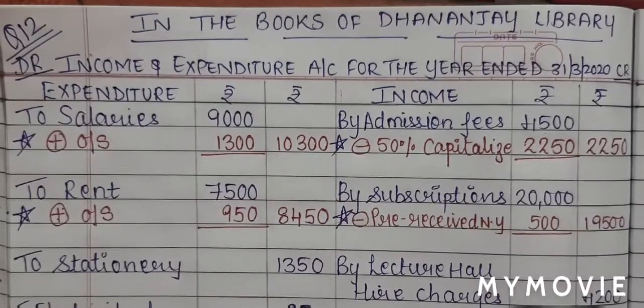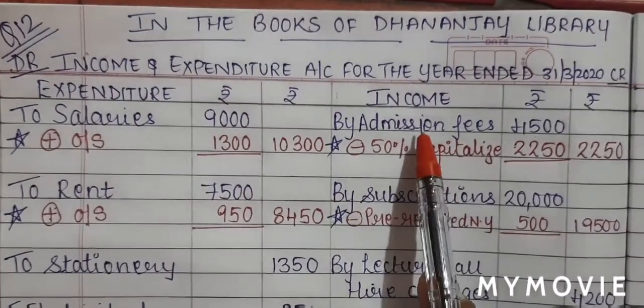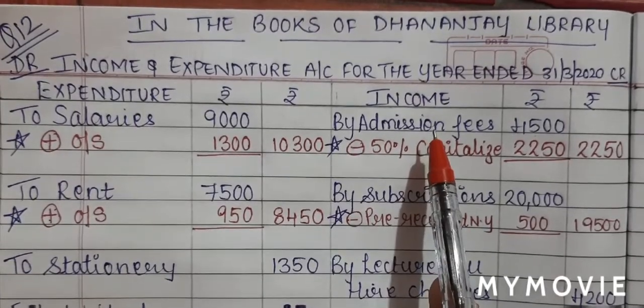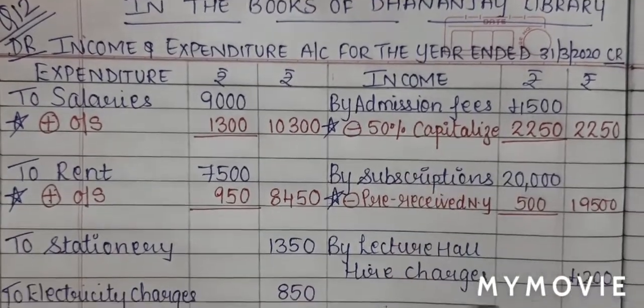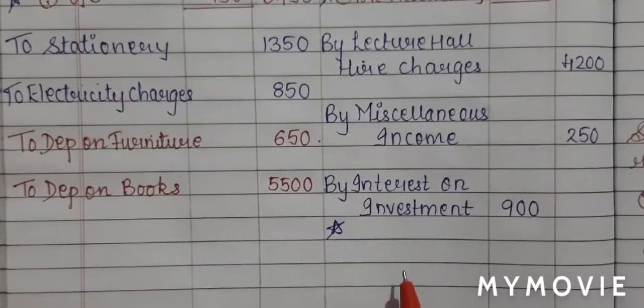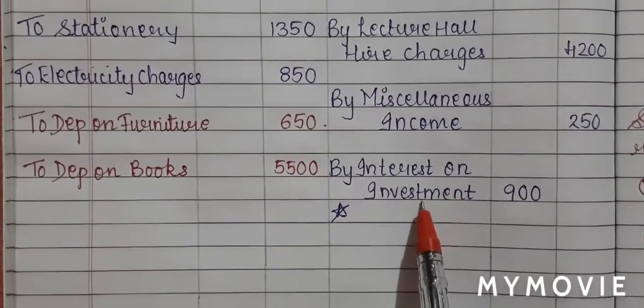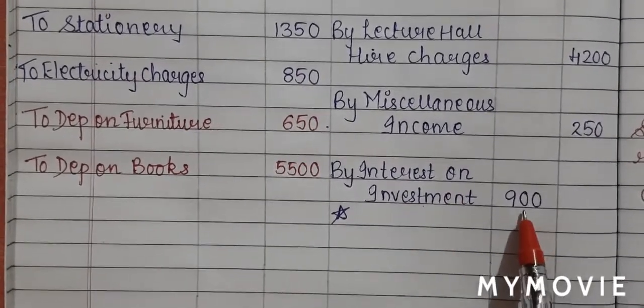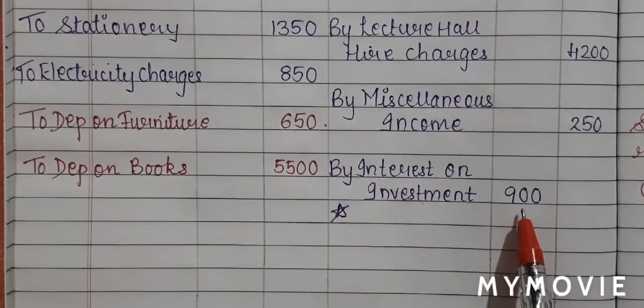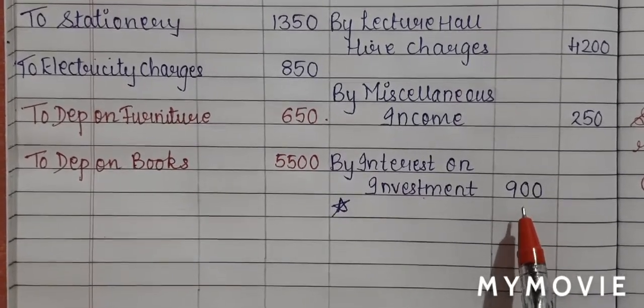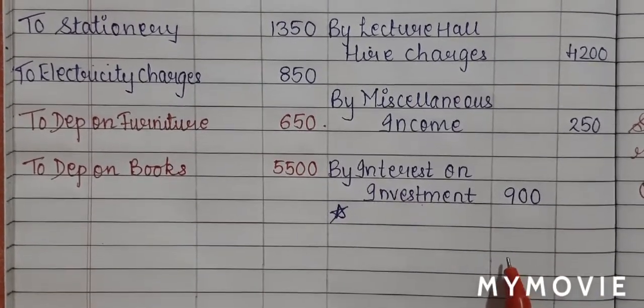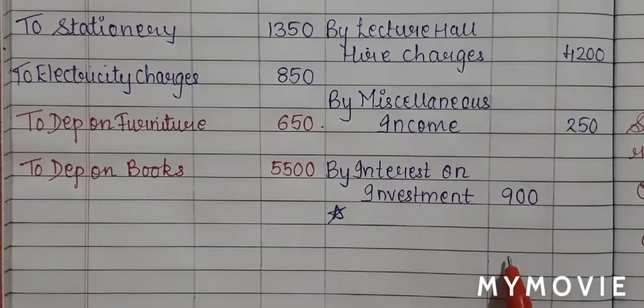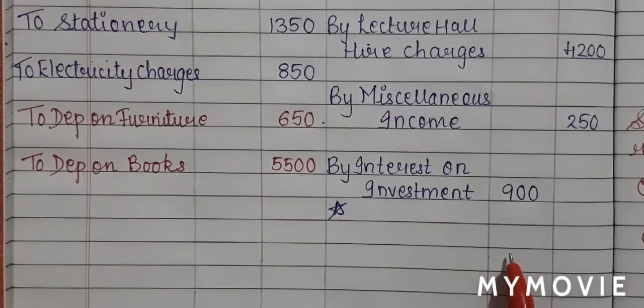My first effect will be on the income side, since interest on investment is an income. On the income side, we already have interest on investment and we have already received 900 rupees. But we were supposed to receive 1200, which means the interest on investment is outstanding.